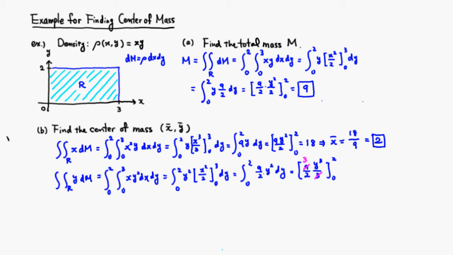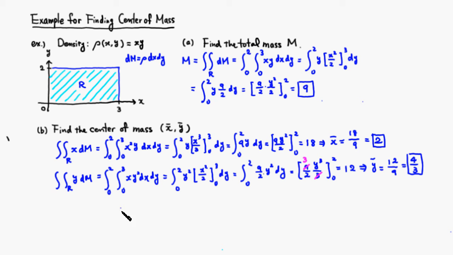Plugging in 2, one of the 2s cancels out, so 4 times 3 is 12. So y bar is going to be 12 divided by 9, which is 4/3. So we have that.